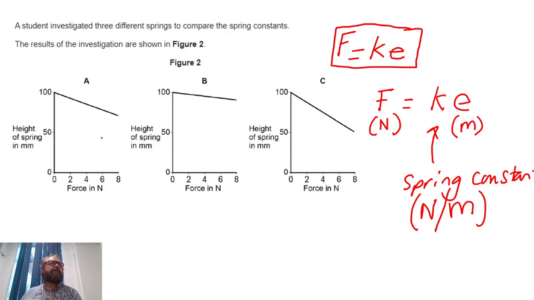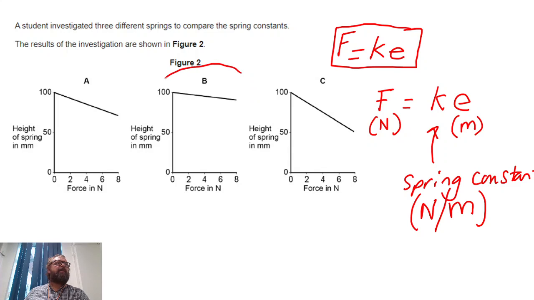So let's go back to these graphs here. 3 different springs. The graphs are saying how many newtons of force cause the spring to change in height. So if you need a lot of newtons per millimeter, then you would get less squash or less stretch of the spring for the same force.